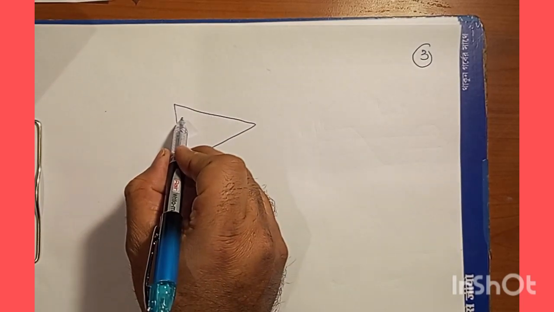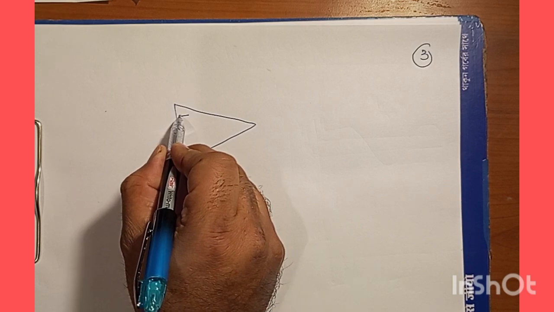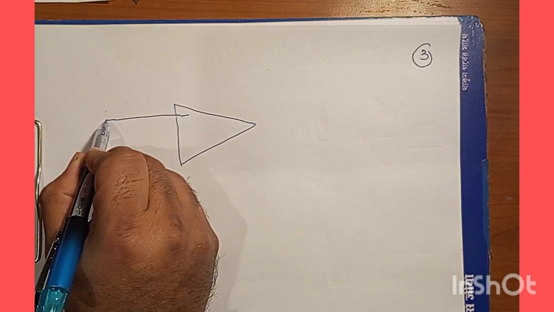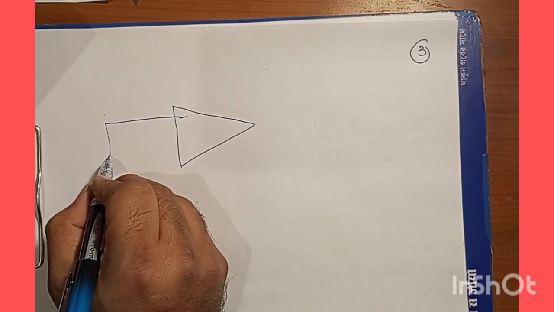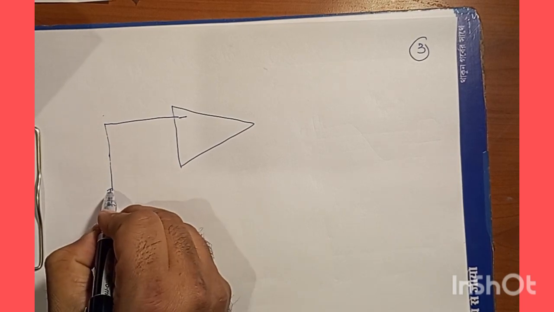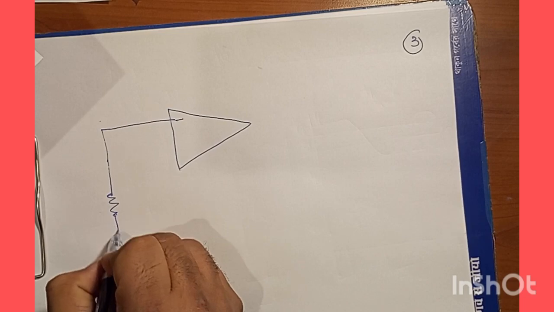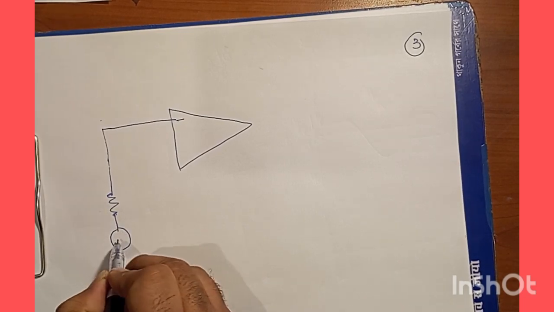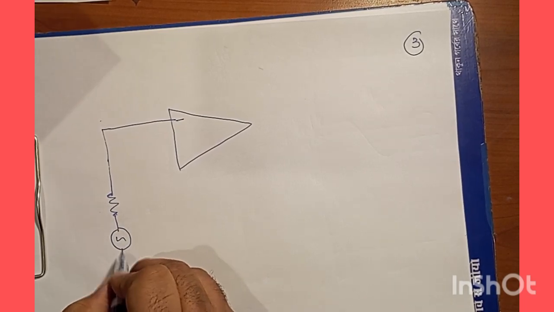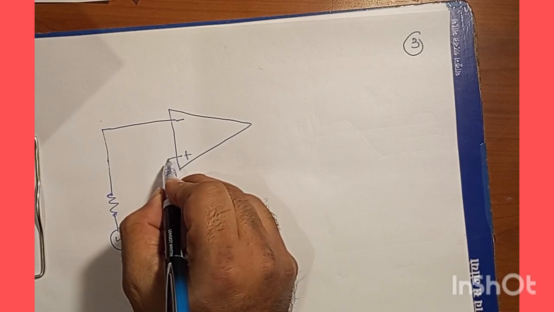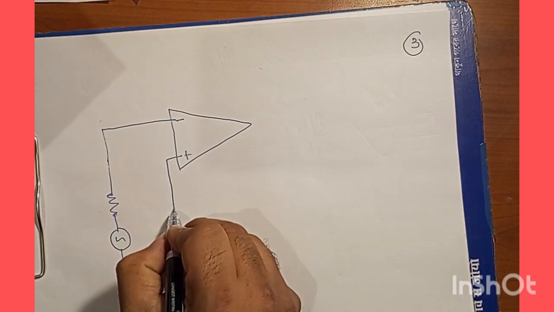Okay, so here we have the signal, we have the resistance, and we have the signal, and here at the positive terminal we have the reference voltage.